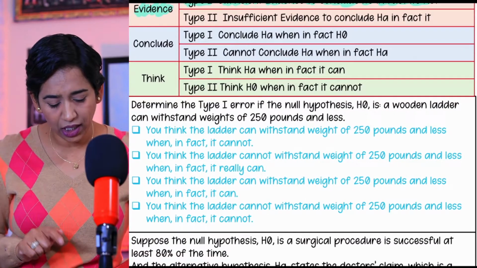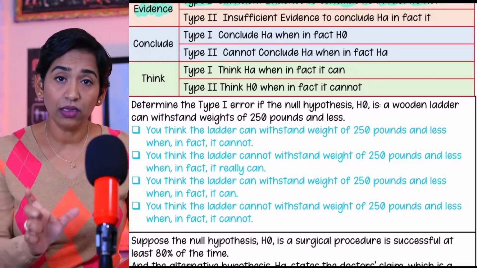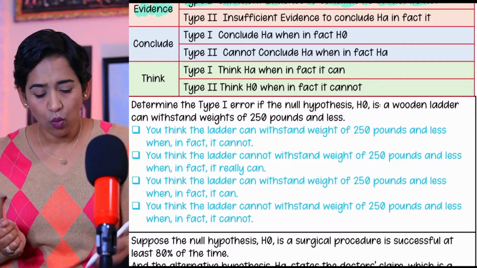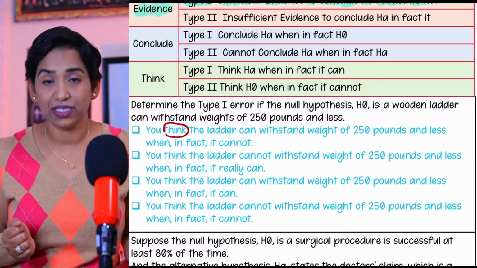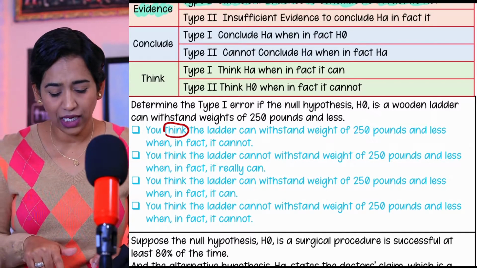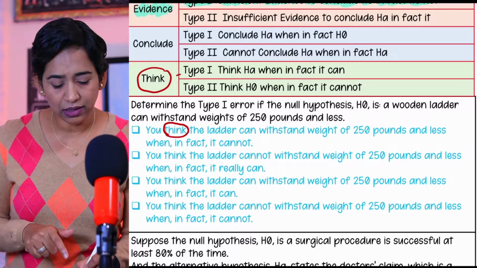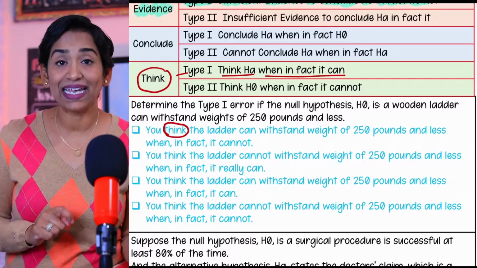So what's happening here? They're asking for type 1. If I were you, I would scan through the options and see what verbiage they use. When I'm scanning through my options, they're using the word think. Do you see that? So I'm going to go back here to my think table. Type 1, you think HA when in fact it can.